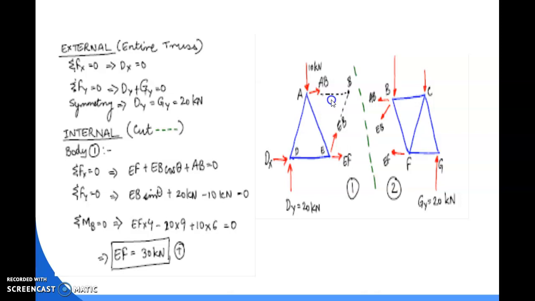So in this way we calculate the force on the EF member which is asked by this question.